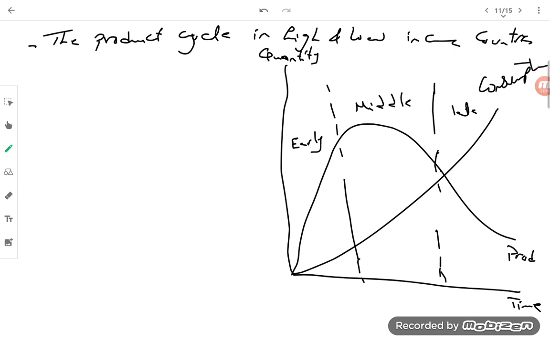In the early phase, stages of production, in the first phase or the early phase, manufacturers need to be near a high income market.